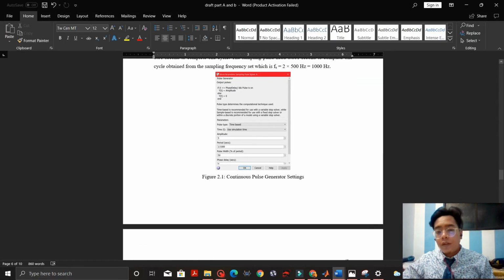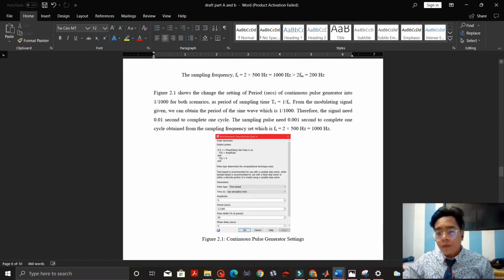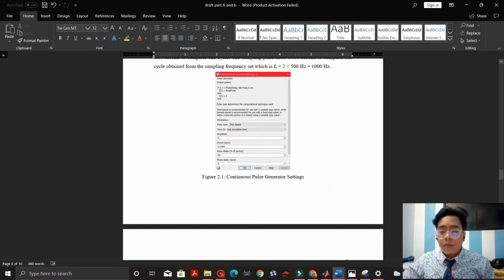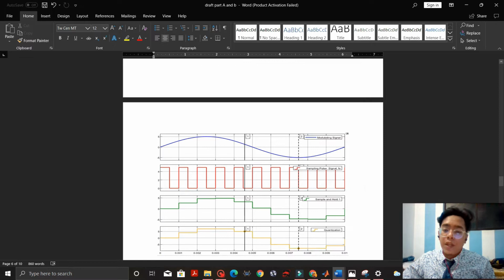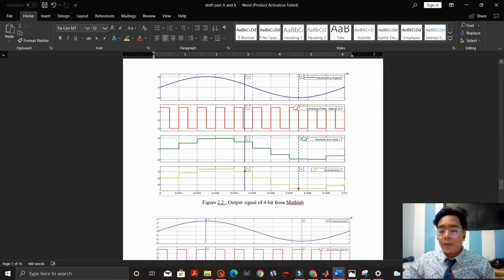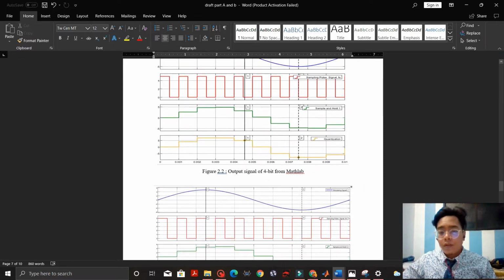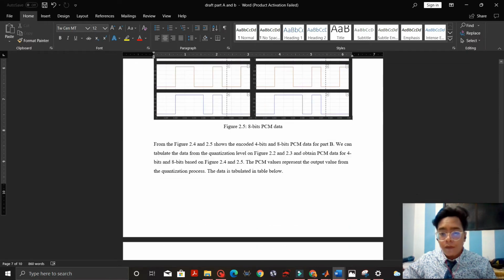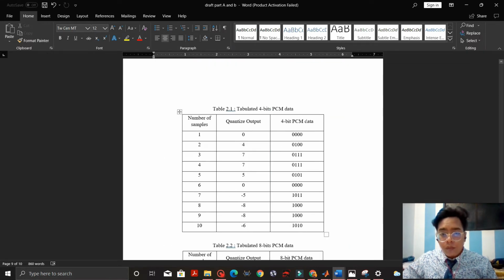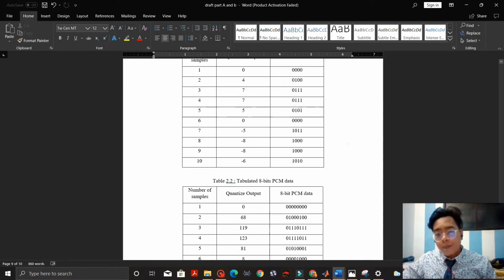Because the frequency is higher, the number of samples taken is more accurate than in part A, which is why we have more data to be tabulated.